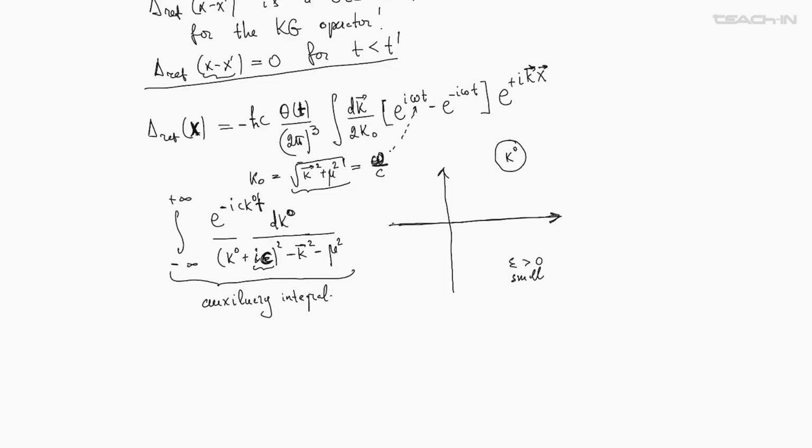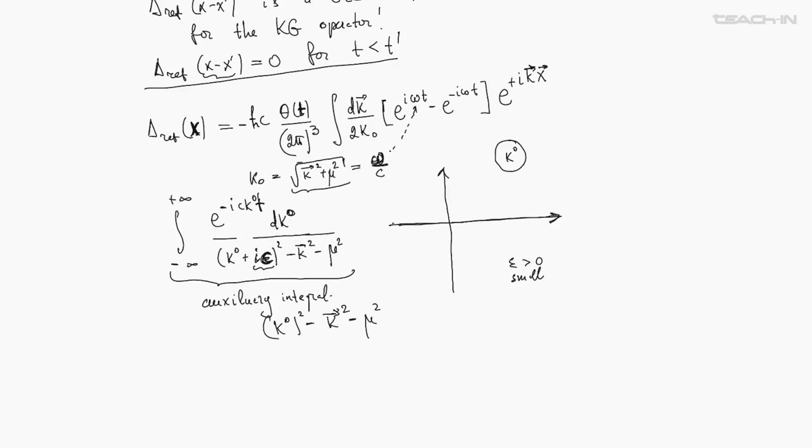Why am I doing this? If I forget about this little i epsilon, then my denominator looks like k0 squared minus k squared minus mu squared. Then you see that when k0 runs through the whole real line, eventually it will meet a problem, because at certain values of k0 this expression may become equal to 0.